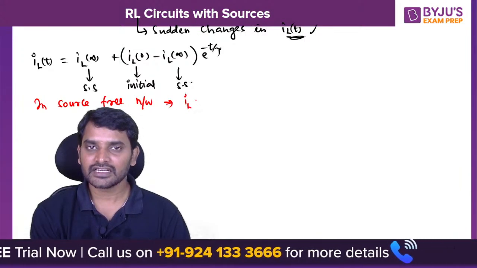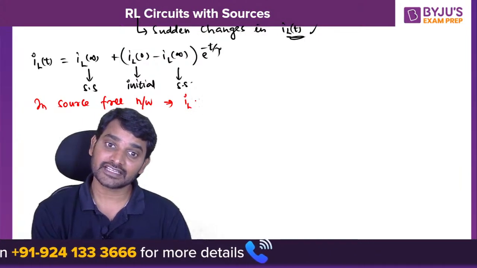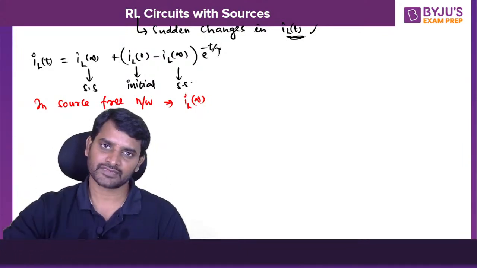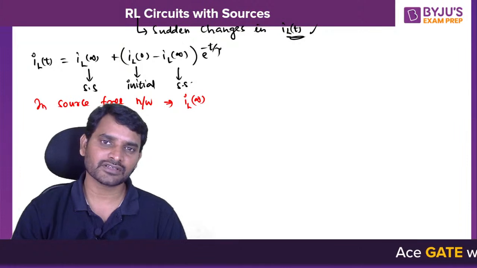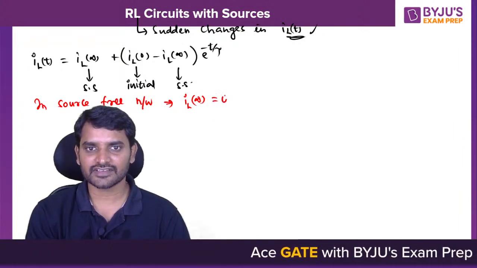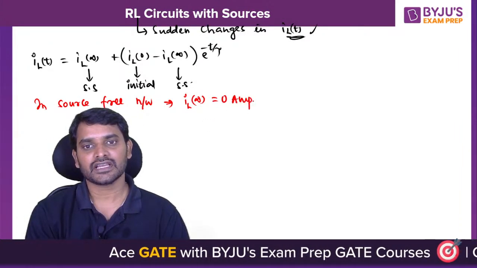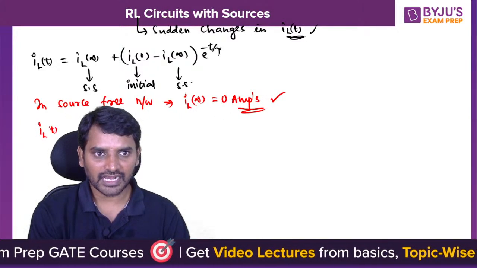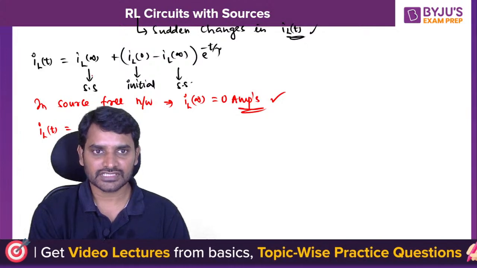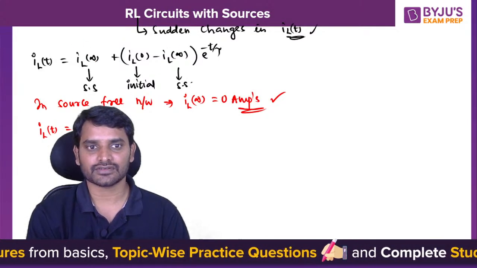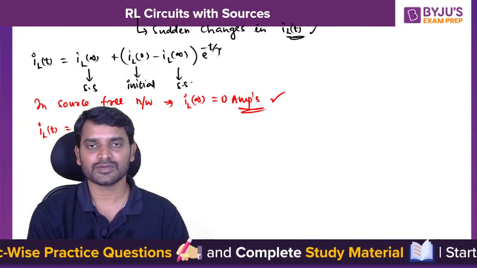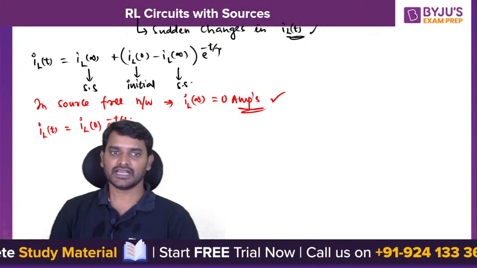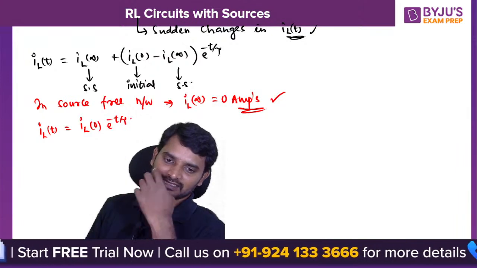IL of infinity, the inductor current as t tends to infinity, after a long time, the entire energy will be delivered to the resistive network. So IL of infinity will be 0 amperes. If IL of infinity is 0 amperes, then what will be IL of t? This term will be 0 and this will be 0, so you will have only IL of 0 into e power minus t by tau.